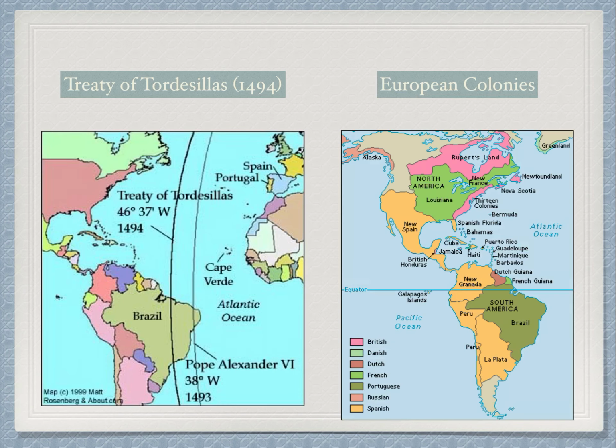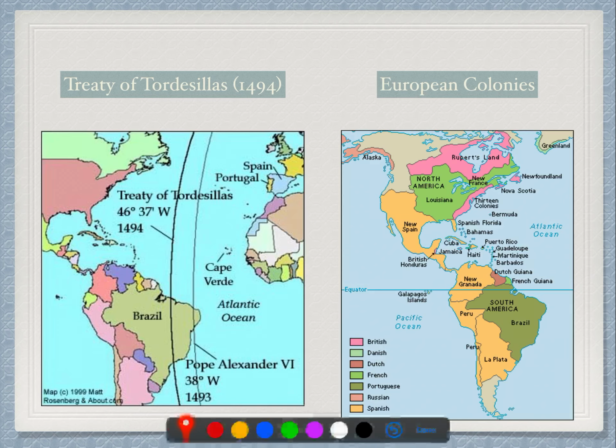as we go. Okay, so two things that are of significance as we continue to talk about European colonization: the Treaty of Tordesillas in 1494 and European colonies over here on the right. So keep in mind what this line does.